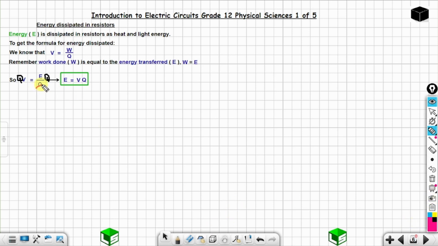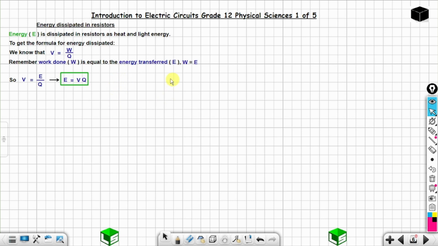You are going to cancel this and this. On the right side, you are left with E, and on the left side, you have the voltage times the charge. Okay, we carry on.